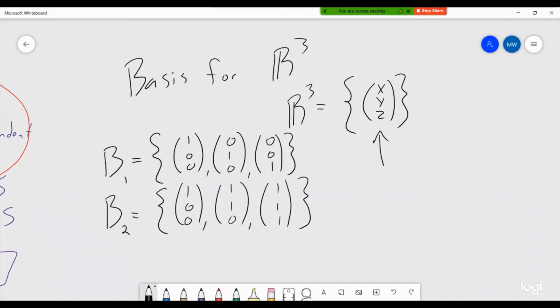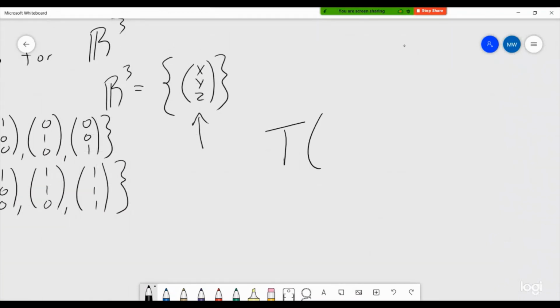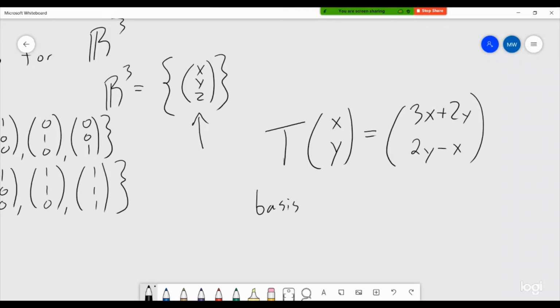Yeah, so a matrix depends on a basis. For a linear transformation, for example, if we have T of (x, y) equals (3x plus 2y, 2y minus x), this is a transformation under the basis (1, 0), (0, 1).